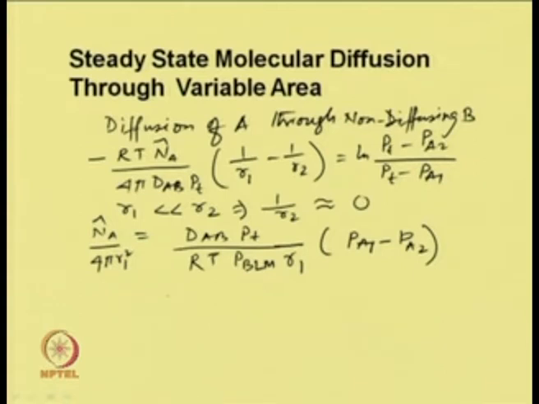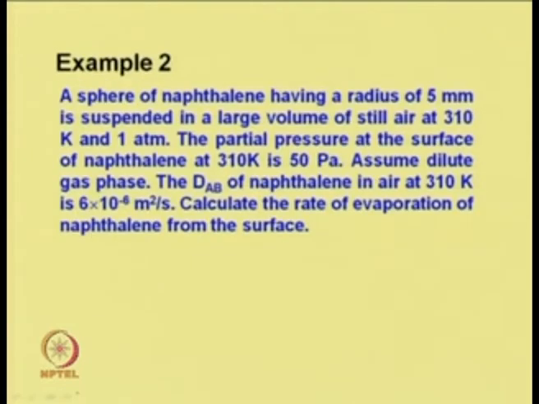So, this is nothing but N A 1. N A 1 is the flux at the surface. Now, let us have an example.